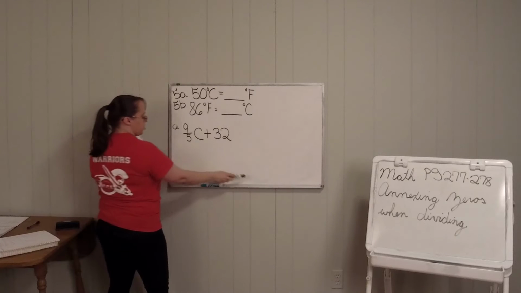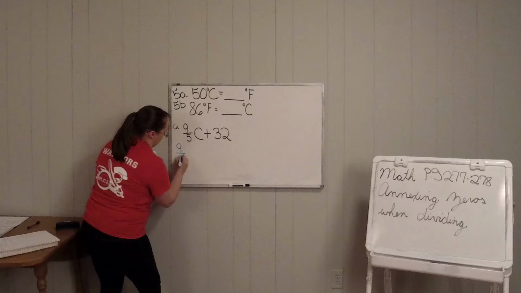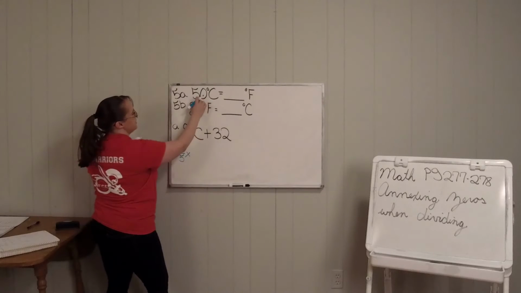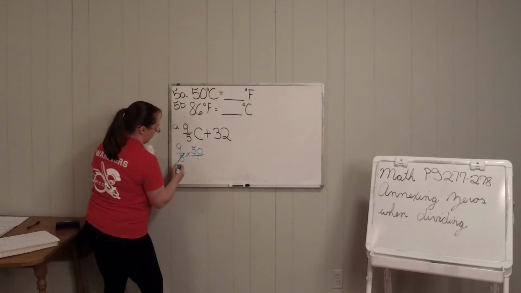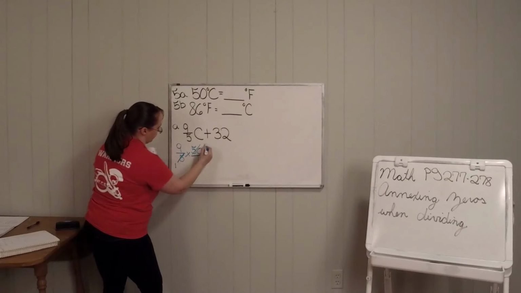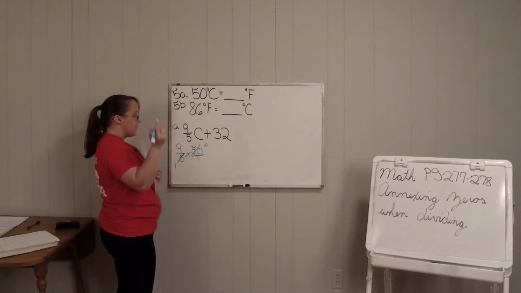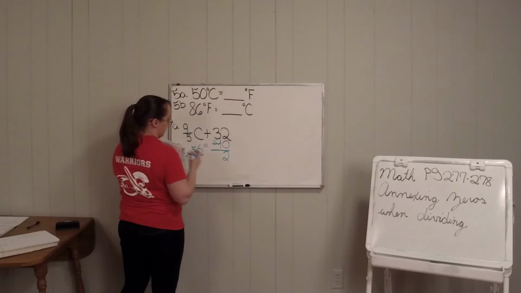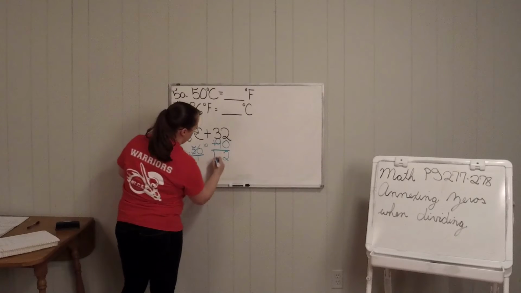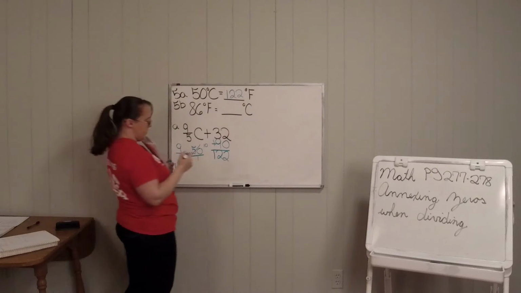Well, here we do the multiplication first. 9 over 5 times the Celsius, which is 50. We can cancel out. 9 times 10 is what? 90. So we're going to add that to the 32. Bring down your 2. 3 plus 9 is 12. So the answer is 122 degrees Fahrenheit.